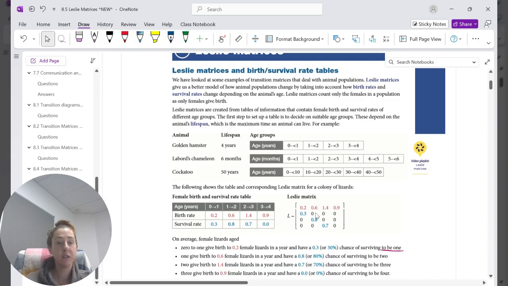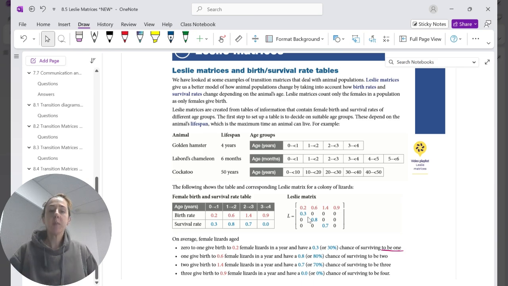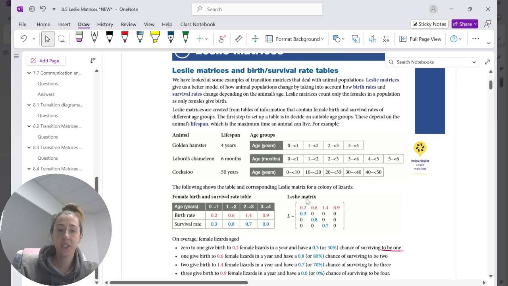So what is the survival rate? If they were here, what percentage is actually going to make it and survive through to the next age category? And then the top is showing us what they're going to give birth to.